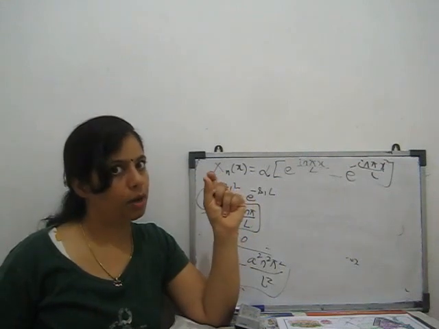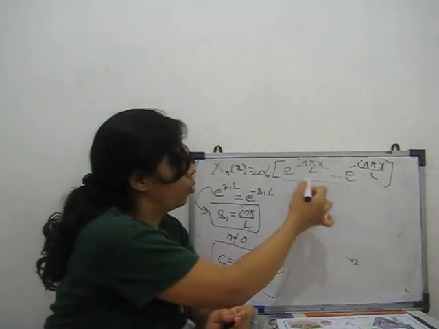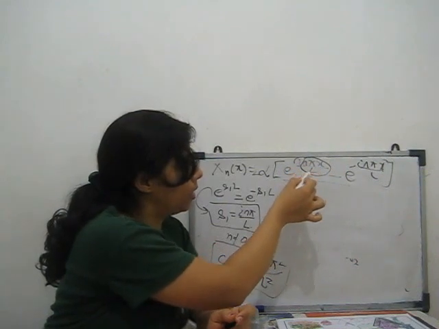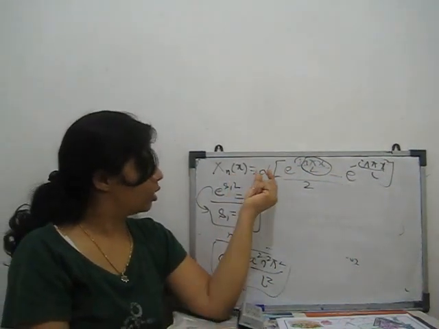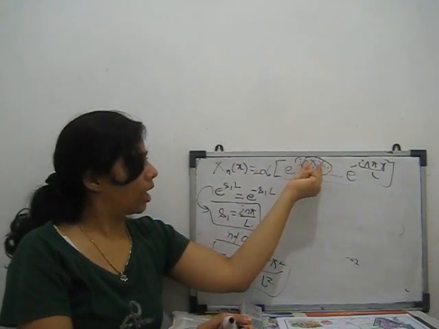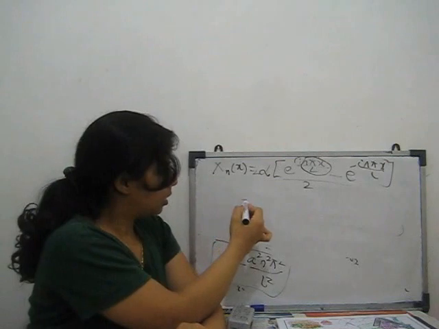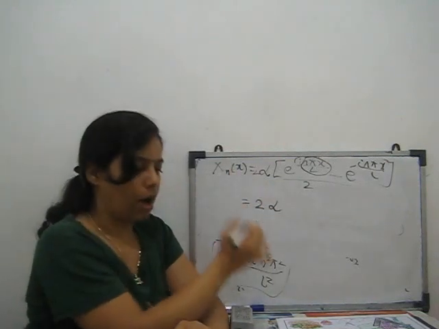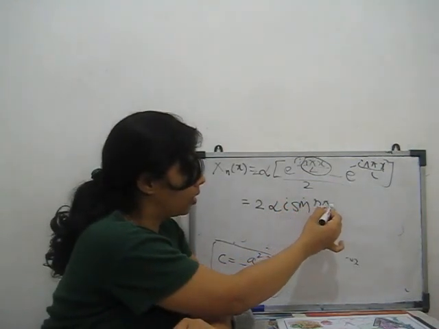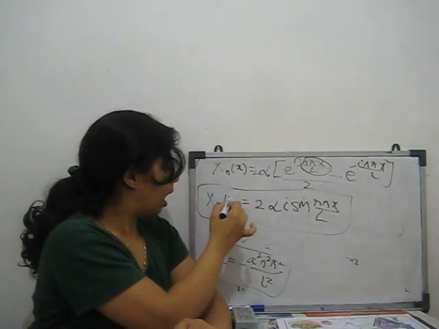So theta is n pi x by L. So this equals 2 alpha iota sine n pi x by L. Clear? This is the solution of X.